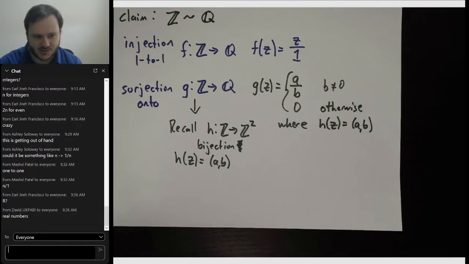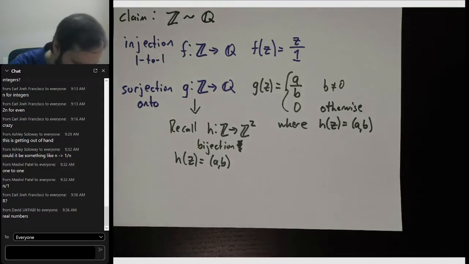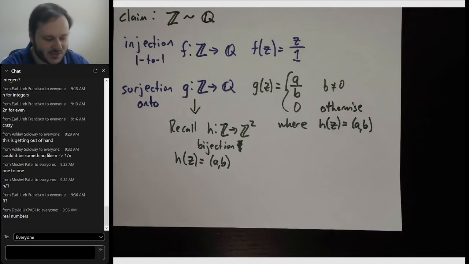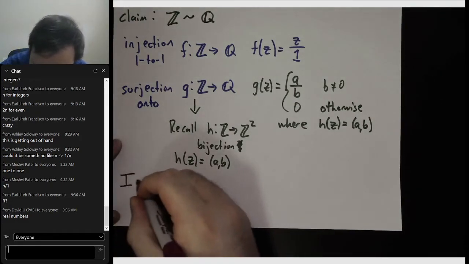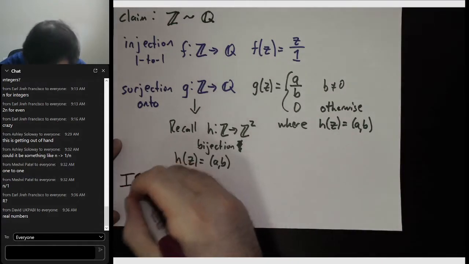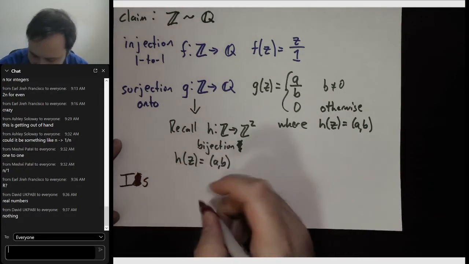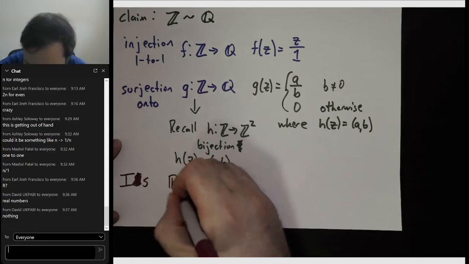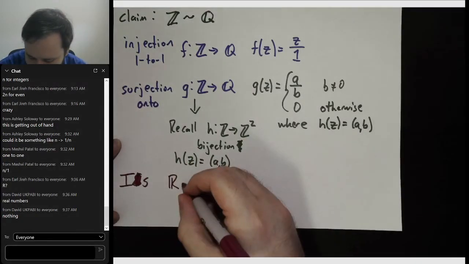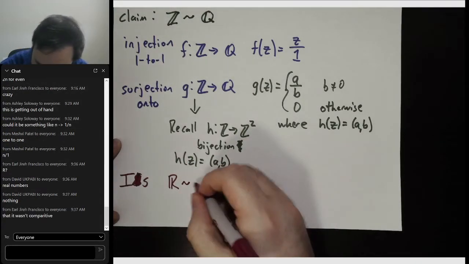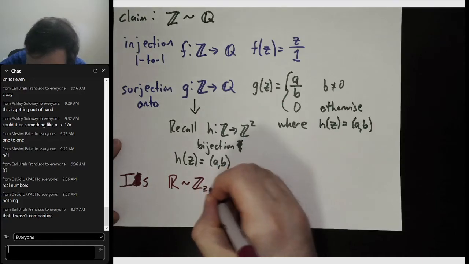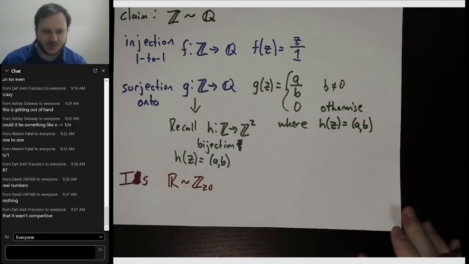Real numbers. Got to think about real numbers. So, which would be more surprising to you at this point? Are the real numbers, do they have the same cardinality as the non-negative integers?